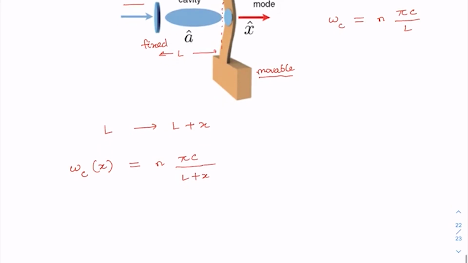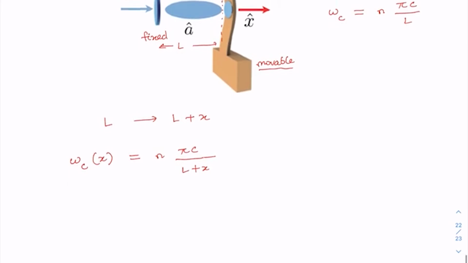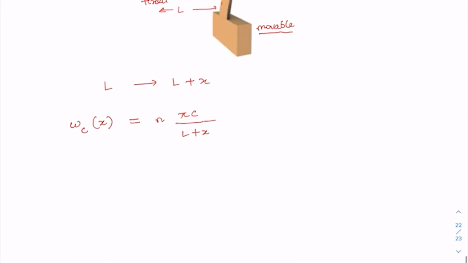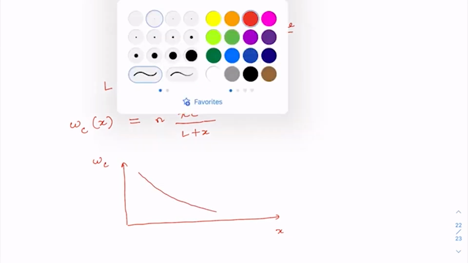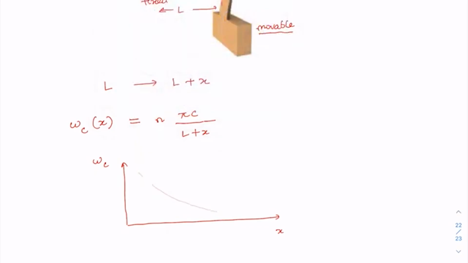Now if X is a variable quantity, then the resonance frequency also changes with distance. In fact, if we plot the resonance frequency versus this variable X, the plot will look like this. For a given mode, it will simply look like this.